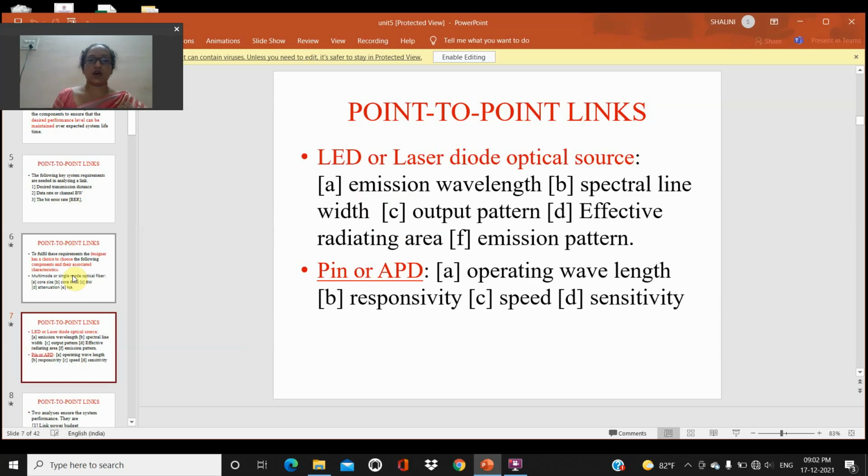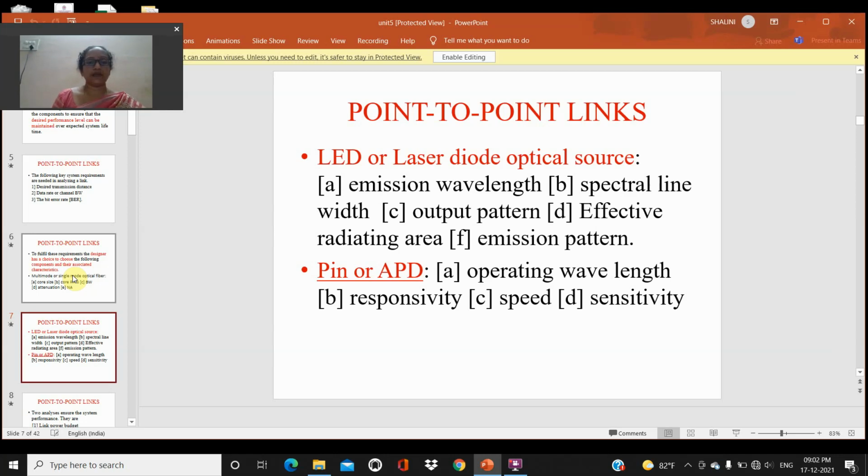Then LED or laser diode optical sources: emission wavelength, spectral line width, output pattern, effective radiating area, and emission pattern.